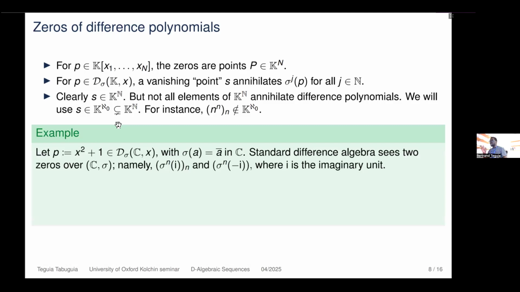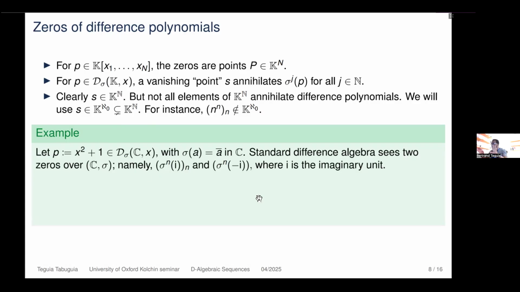So now, just to give an example of these zeros of difference polynomials, consider the difference ring where sigma is the automorphism which transforms every complex number to its conjugate, here a to a bar, and you have this difference polynomial x squared plus 1.